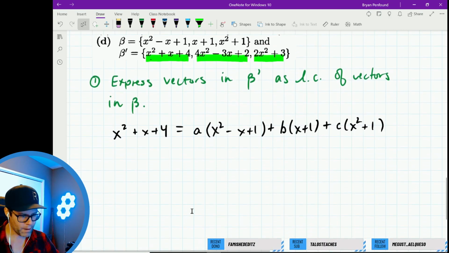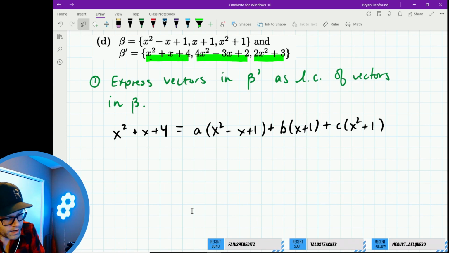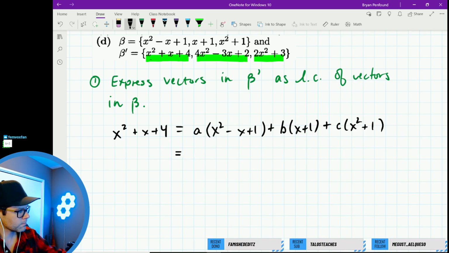So I think what I might have to do is expand out this right-hand side just to get a general sense of how A's, B's, and C's are going to interact. B is equal to 3. So if B is 3, if you want to play the guess and check game, I'm cool with that.